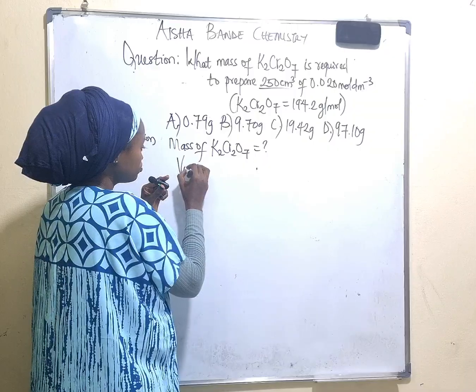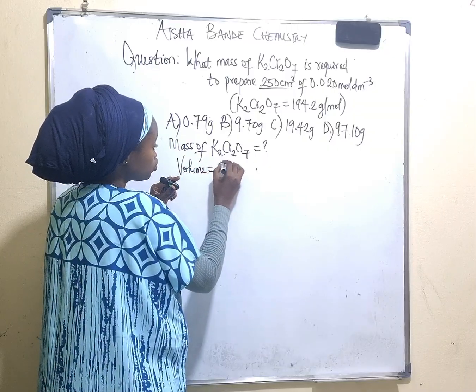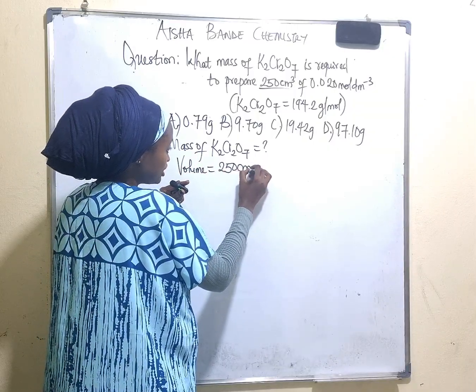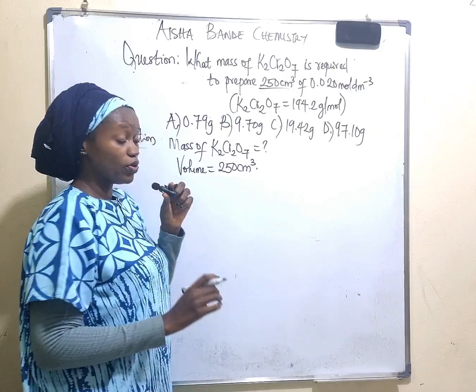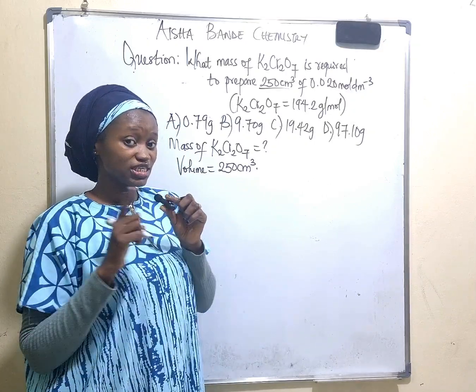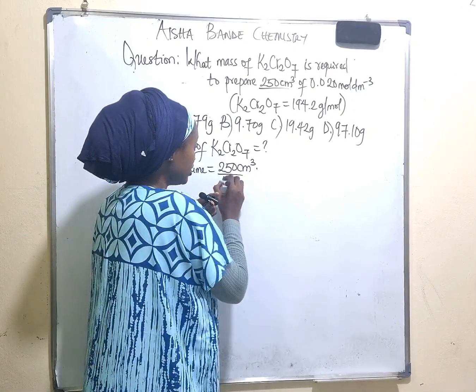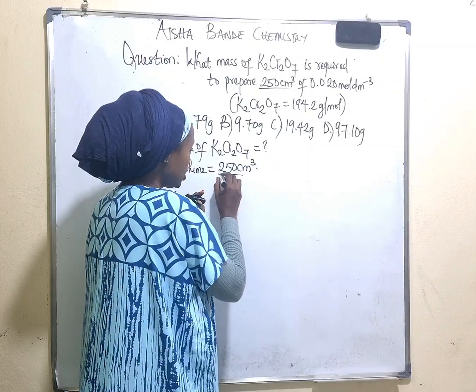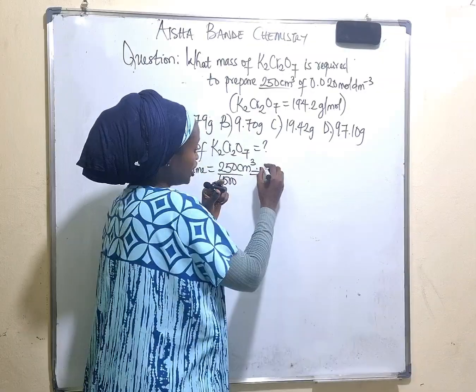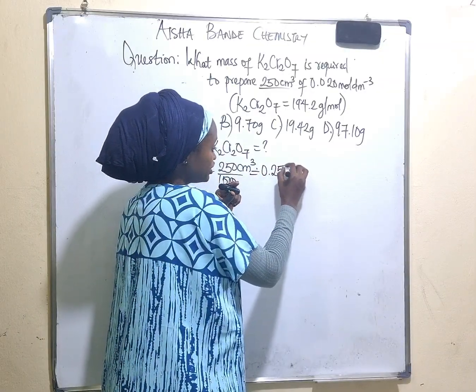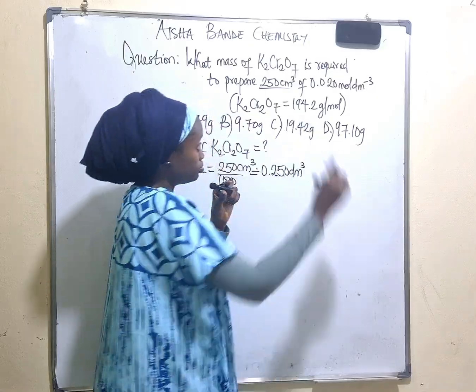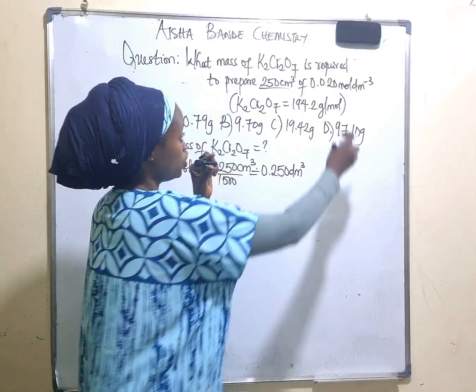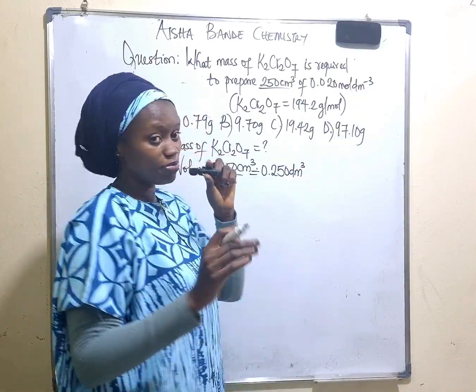So the volume is given as 250 cm³, but we're going to convert this to dm³ by dividing by 1000. So this will be equal to 0.250 dm³.